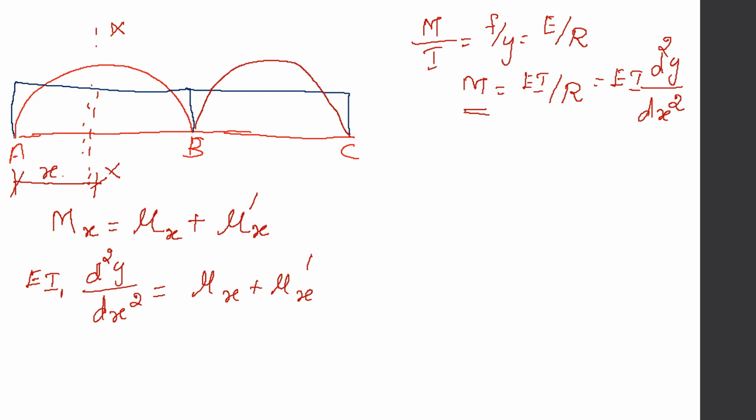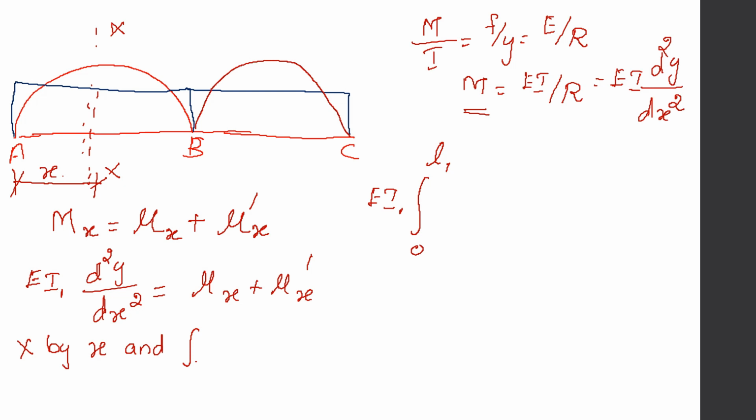Now, we will multiply by x and integrate. We get EI1 into integration of 0 to L1, because AB is of span L1.